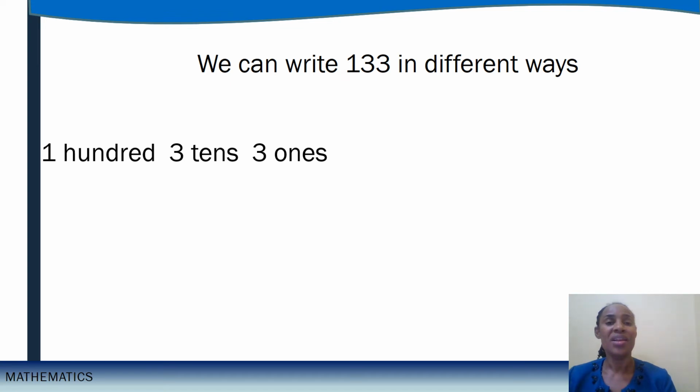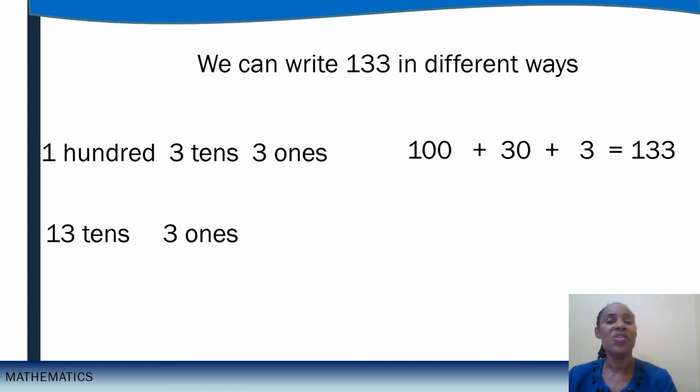Now 100 has a value of 100. 3 tens has a value of 30. And 3 ones has a value of 3. So there we have it. 100 added to 30 added to 3 gives us 133.